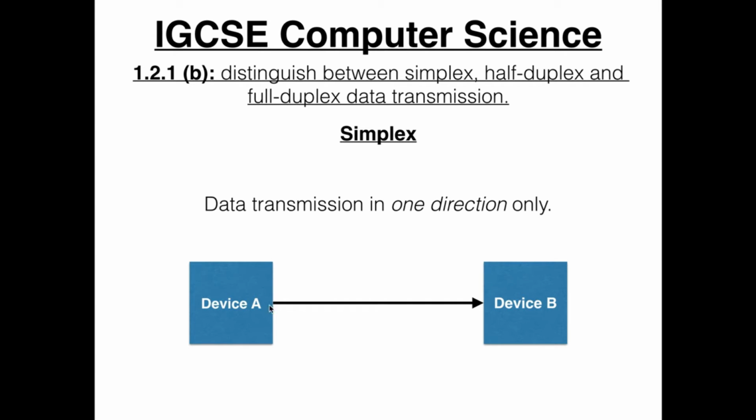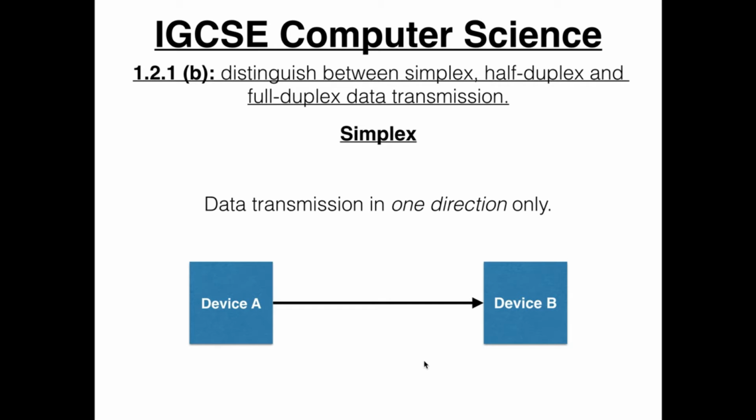Device A can send data to device B, but device B can't send data to device A. This is the sender, this is the receiver. Basically only one direction. Examples include microphones: you don't usually get an output from microphones, but you can input. That's just sending data to the speaker.